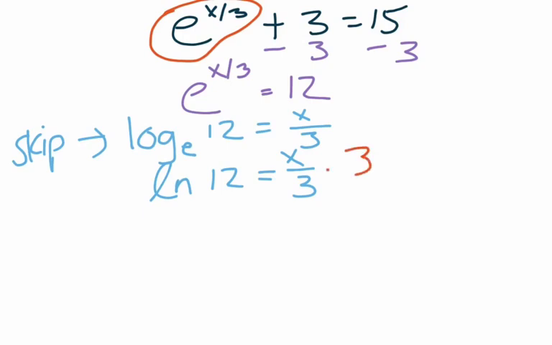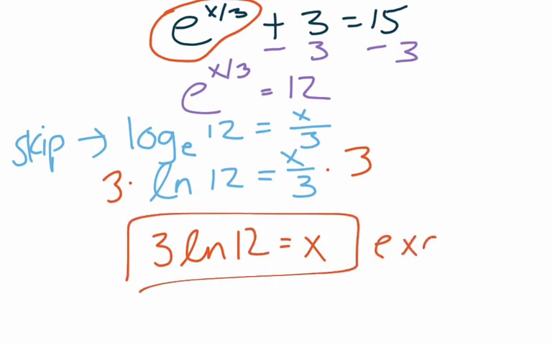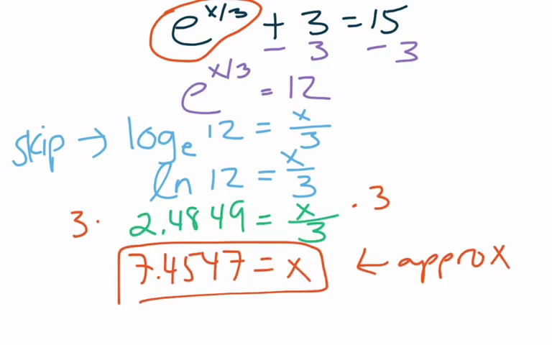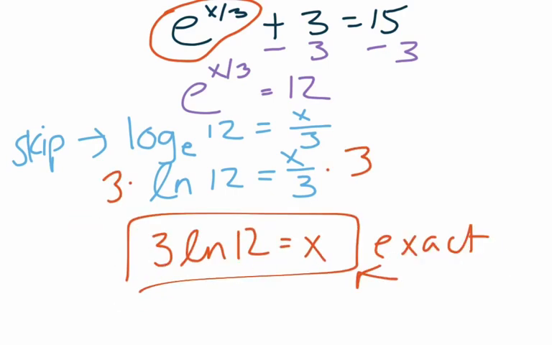Now you do want to be a little bit careful here. So that is 3 natural log of 12, and that is your exact answer. So you have your approximate answer and then you have your exact answer. And you can do the same thing with logs of other bases. You just skip over the step where you evaluate the log.